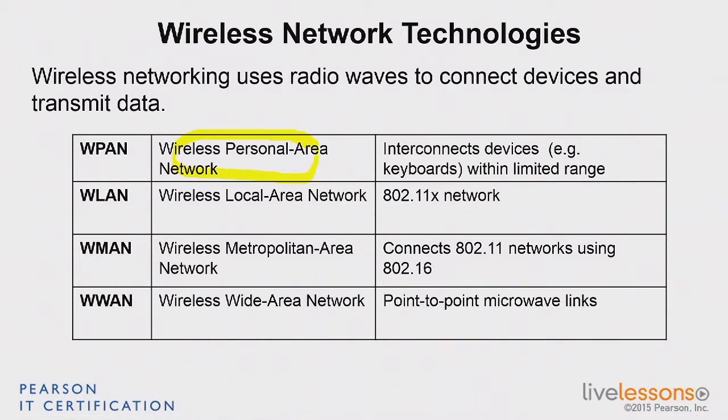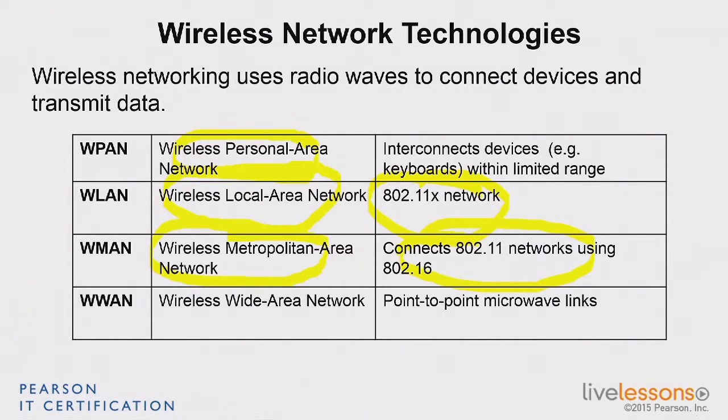The second is a WLAN, which is a wireless local area network. More often than not, that's going to be based on the 802.11 network protocol. The next is a WMAN, which stands for a wireless metropolitan area network, and that connects 802.11 networks using 802.16.